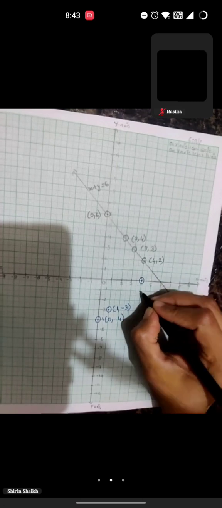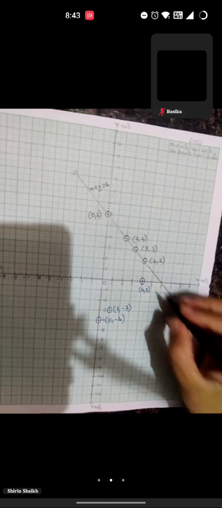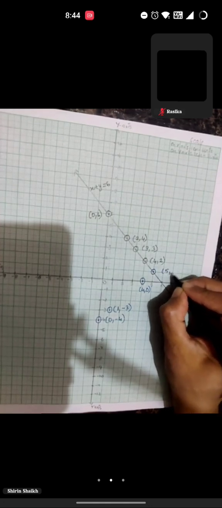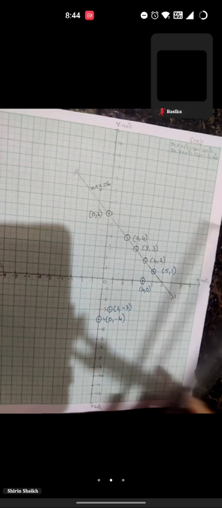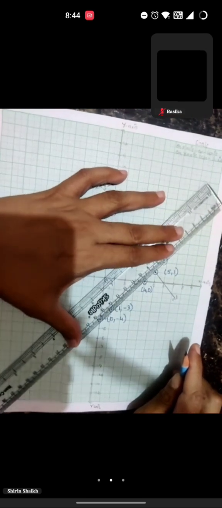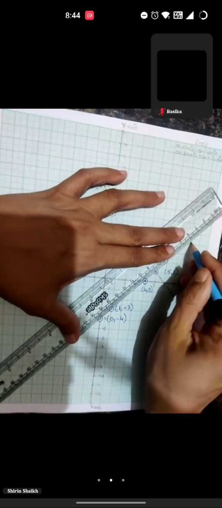So 1 and -3. 4 and 0. So this point remains here, 4 and 0. Next is 5 and 1. So these are the 4 points for my second equation, and this is how I draw a line taking all my points into consideration.